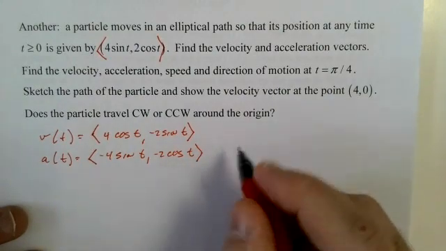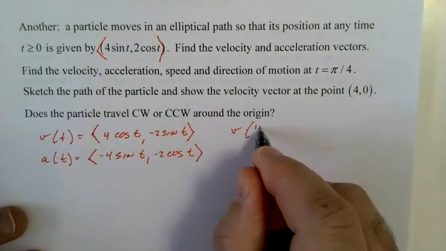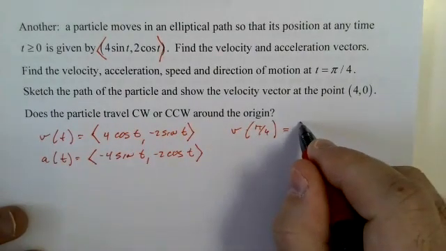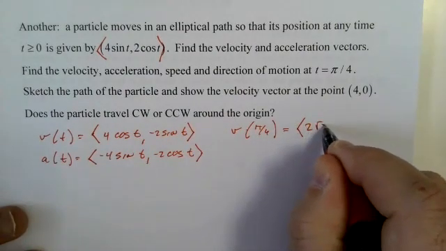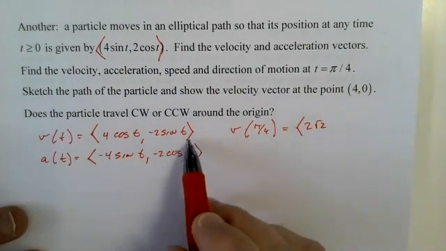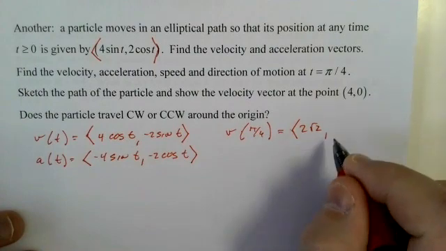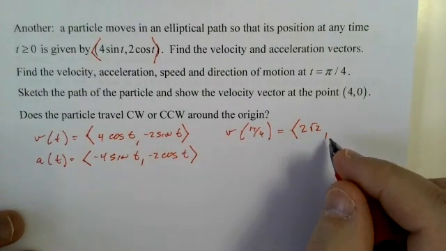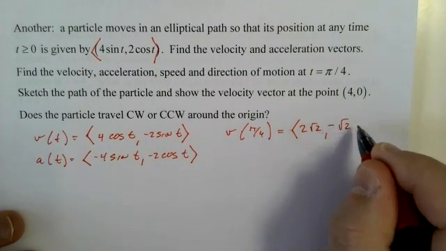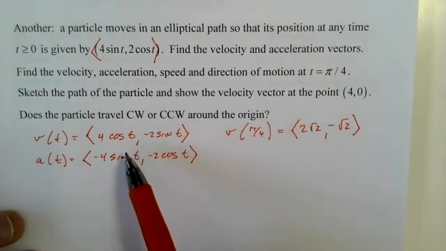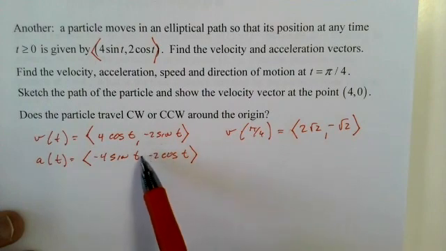All right, what's the velocity at pi over 4? 2 root 2. By the way, I've noticed I tend to forget to make my funky brackets because it's just not natural. So try and stay on top of it. It's hard. And negative root 2, because cosine of pi over 4 is root 2 over 2, and so is sine of pi over 4.